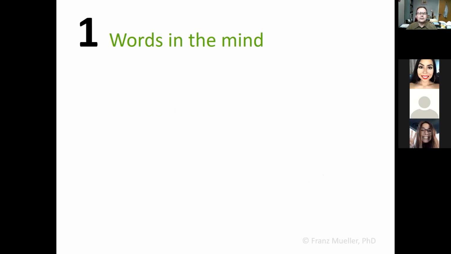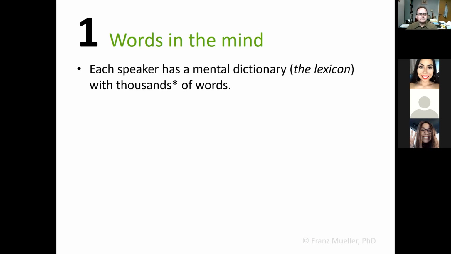We all have a mental dictionary in our head. And one of the things you need to do as you grow up speaking a language, whether as a first language or as a second language, is learn a large number of words. Every speaker has such a mental dictionary, a lexicon in their head, with thousands of words.